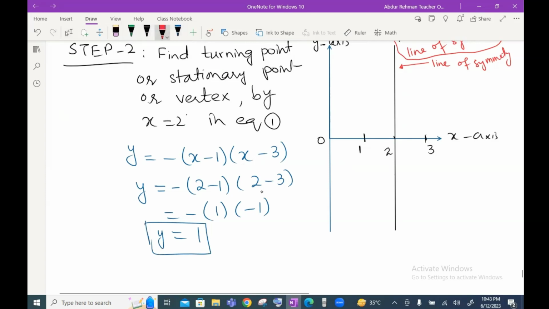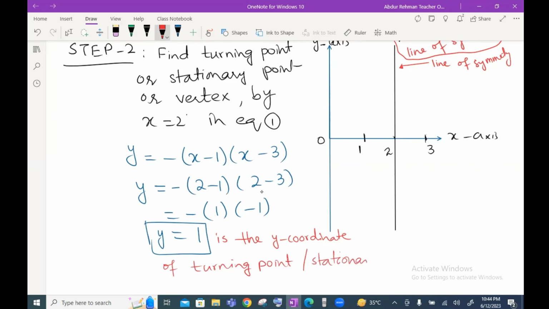So y equals 1 is the y coordinate of the turning point, or we can say stationary point, or vertex.